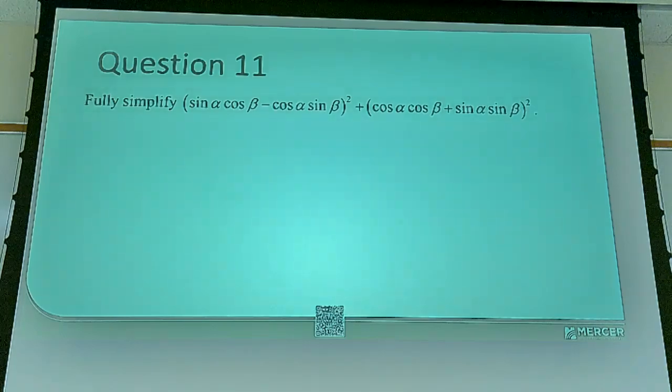That first grouping, isn't that the difference identity for sine?